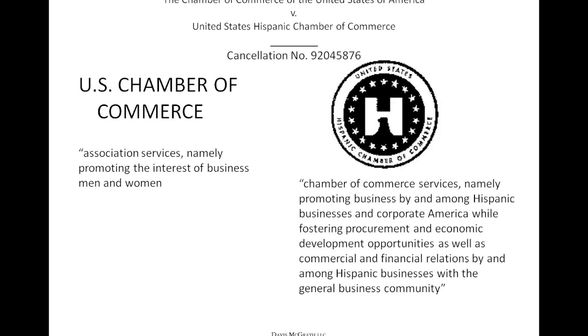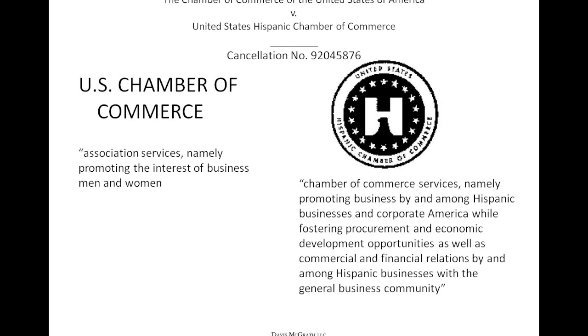So just going through this case is great because it goes through a lot of the factors in the DuPont test. The one it starts with is the second, which is the services, and it certainly finds the Chamber of Commerce services that the registrant provides are certainly related to the association services that the petitioner provides.